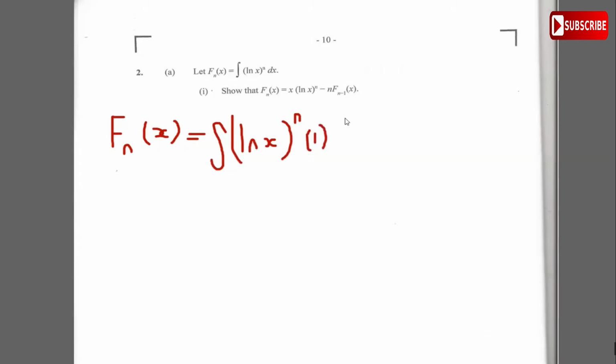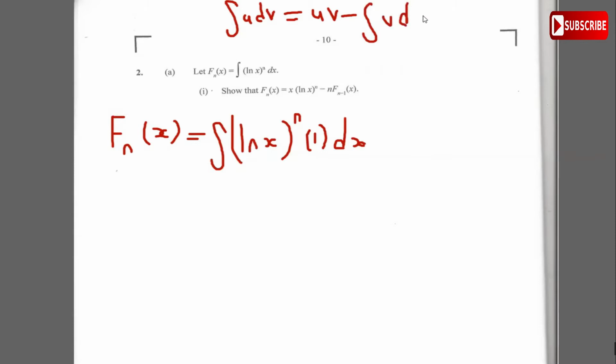And you might say, what's the importance of 1? Multiplying it by 1 will allow us to utilize by parts. And by parts tells us that the integral of u dv is equal to uv minus the integral of v du. Yes, we have to remember that.